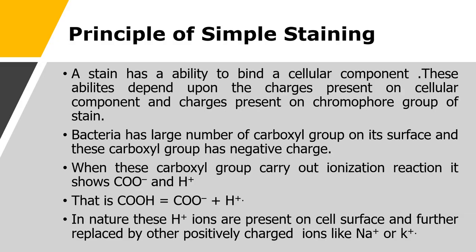When the carboxylic group undergoes ionization, it gives COO minus and H plus ions, that is, COOH is in equilibrium with COO minus plus H plus. In nature, these H plus ions on the cell surface are replaced by other positively charged ions like sodium or potassium.